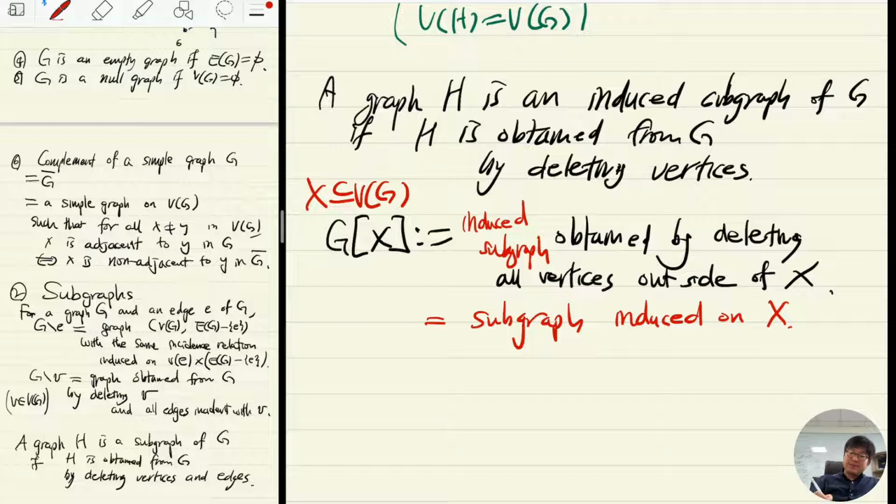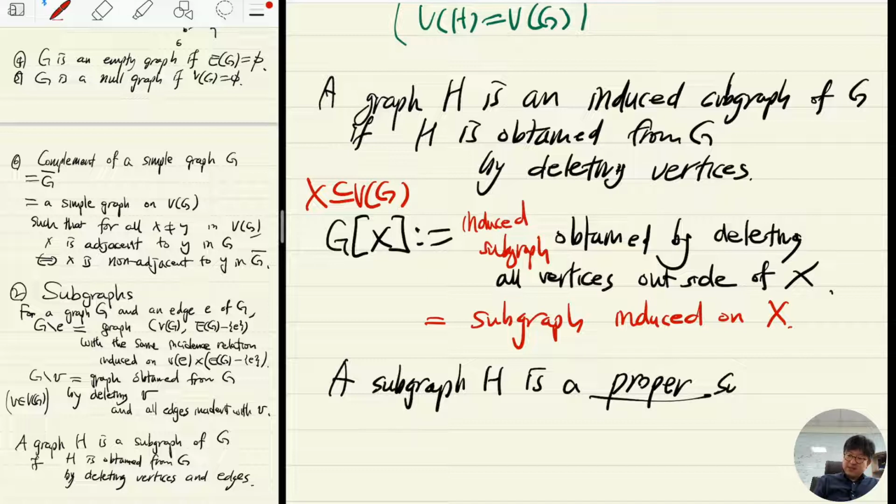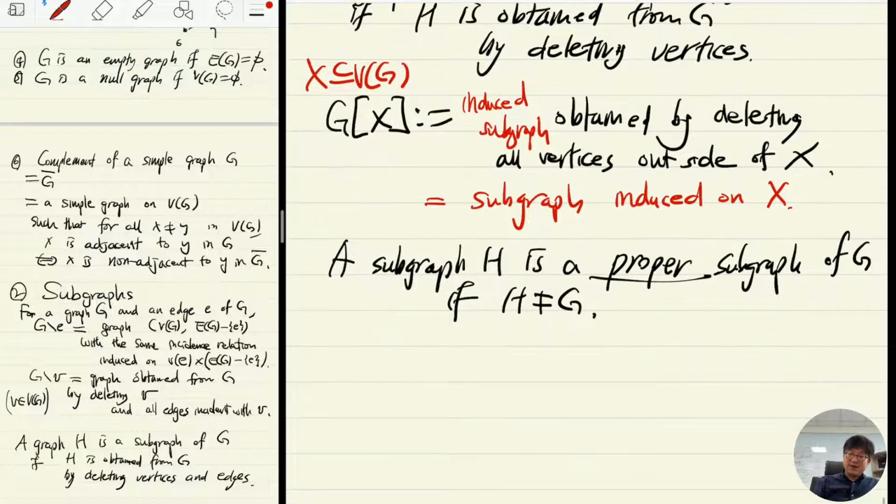The next thing is a proper subgraph. A subgraph H is a proper subgraph of G if H is not equal to G. So G itself is a subgraph of G, but when we say a proper subgraph, we exclude G. We want a strictly smaller subgraph, then it's a proper subgraph.